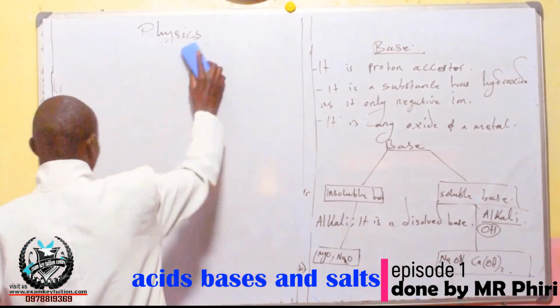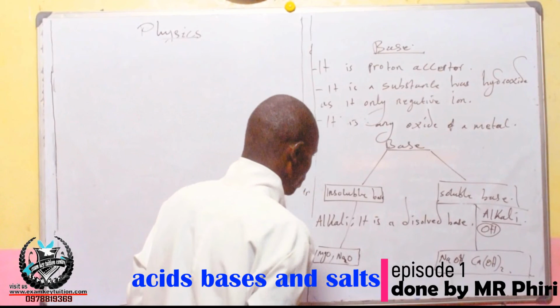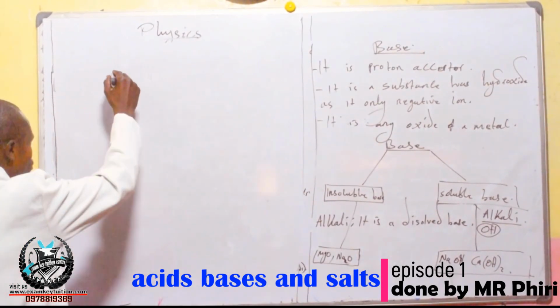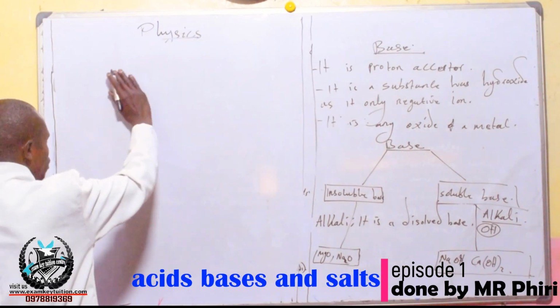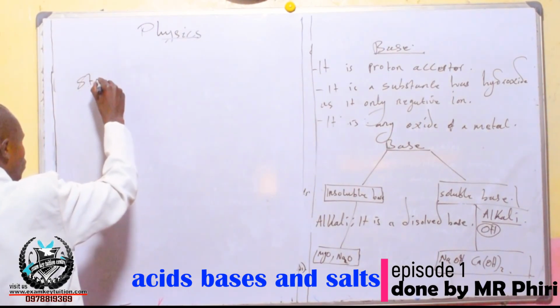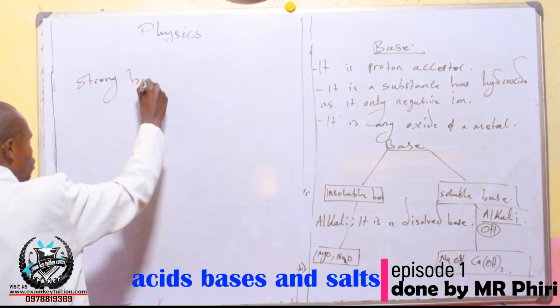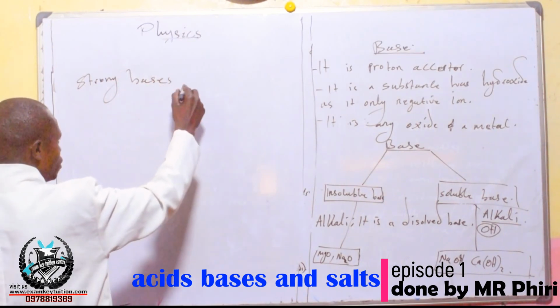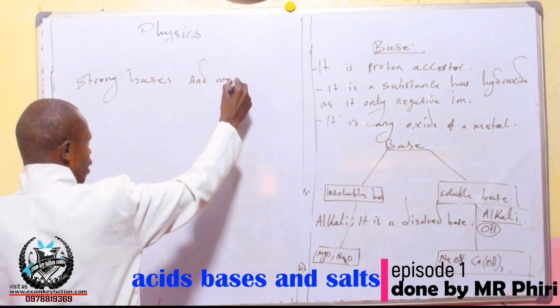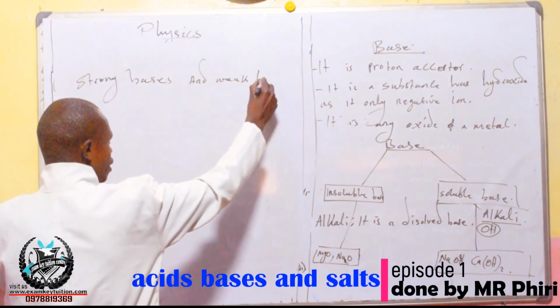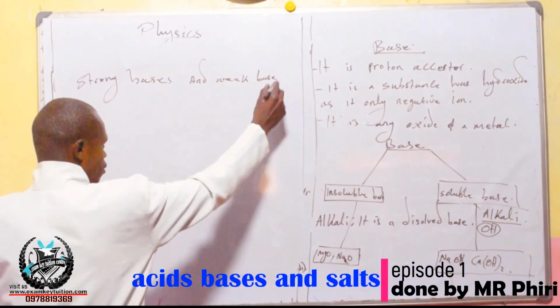Okay, now that we have this knowledge, let us look at the characteristics of a base. But before that, we need to understand that a base can also be strong. We have what we call strong bases and weak bases.